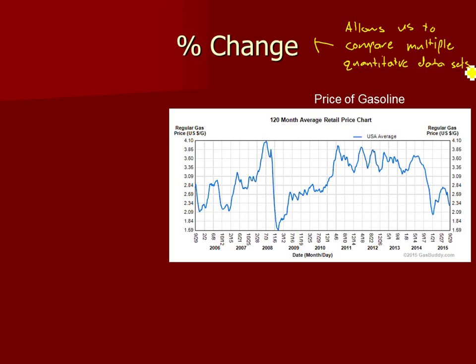So I can compare the amount that gasoline prices have dropped to maybe the amount of car price increases. Maybe car manufacturers are increasing their prices because they know that people have more money in their pockets to spend on cars because they're spending less on gas. You're not going to say, oh, gas has increased 40 cents, but car prices have increased $5,000. That's not very comparable, but if we talk about percentage changes, all of a sudden they become comparable.